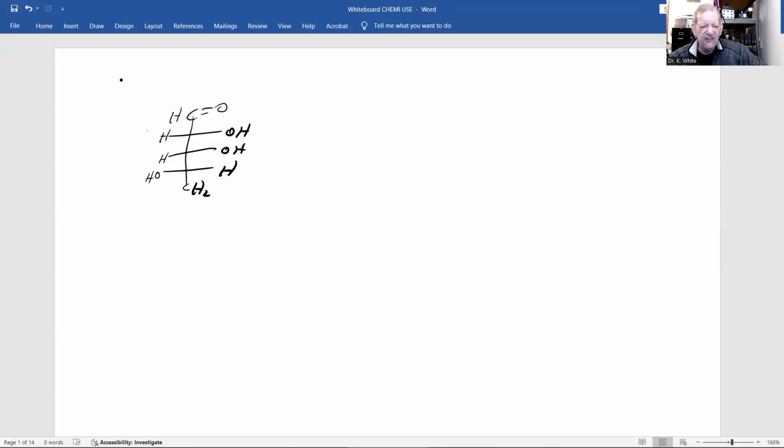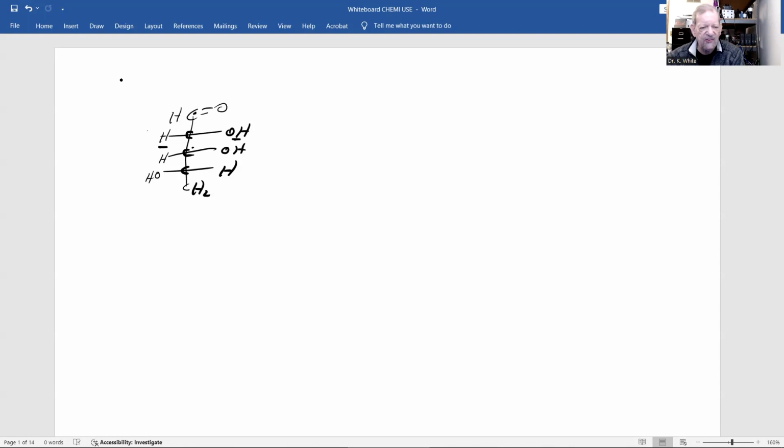Each intersection of a line here is a carbon. This H and this OH are coming out to you, and this carbon is going back. So this is a Fischer projection, and that has 4 carbons.